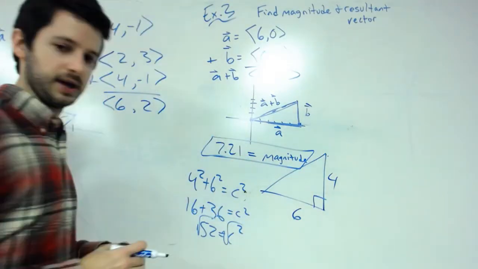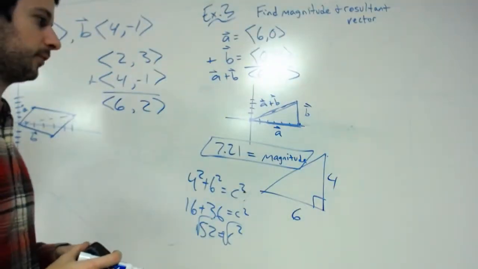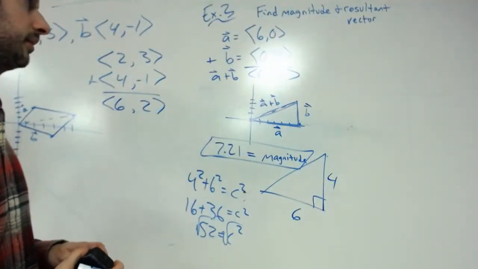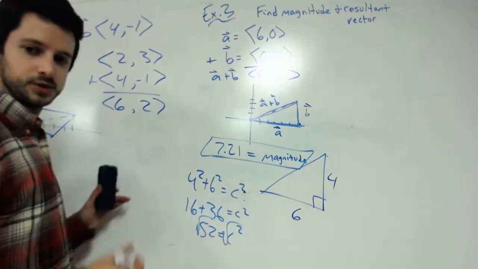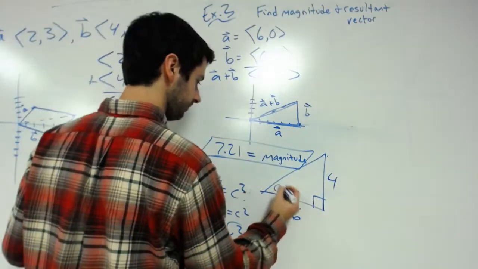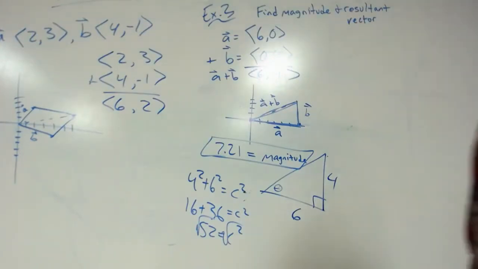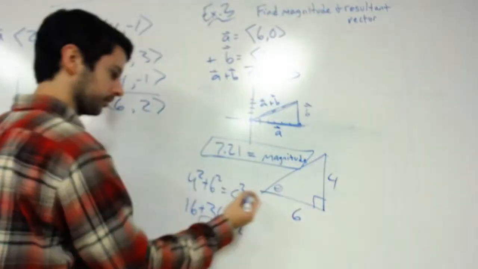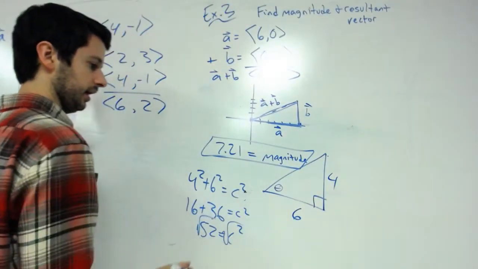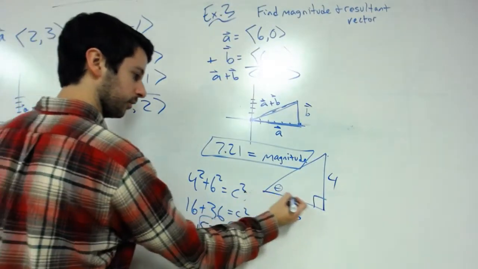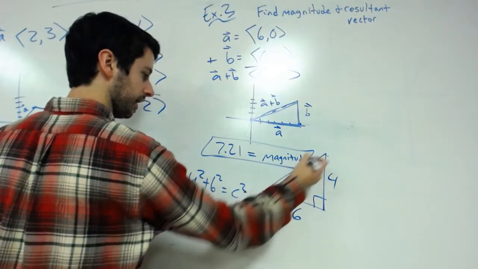So there's our magnitude. Now it wants to find the resultant vector. What we need is the angle of the resultant vector. The angle that we're looking for is the one that connects the horizontal with the hypotenuse.